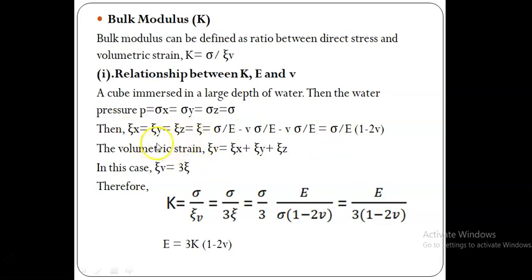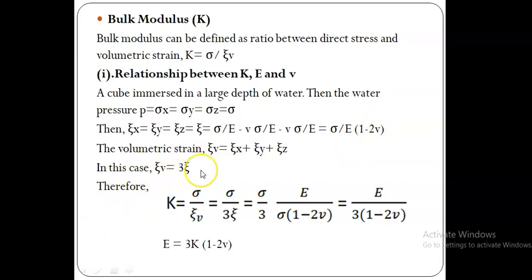And therefore if I want to find epsilon x or epsilon y, epsilon z, or any epsilon, it is equal to sigma by E, that is the linear strain along one direction, minus the strain along a lateral direction, nu into sigma by E, minus the strain along another direction, nu into sigma by E, which is equal to the total strain on that material, sigma by E into 1 minus 2 nu.